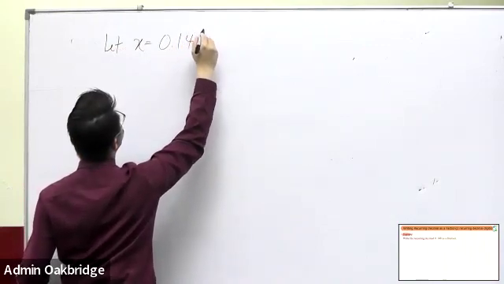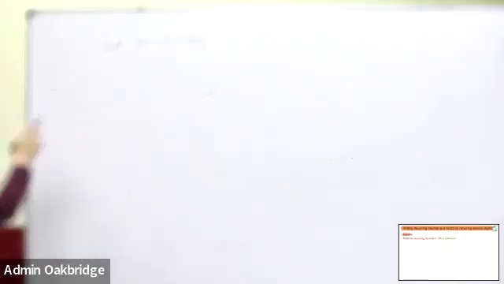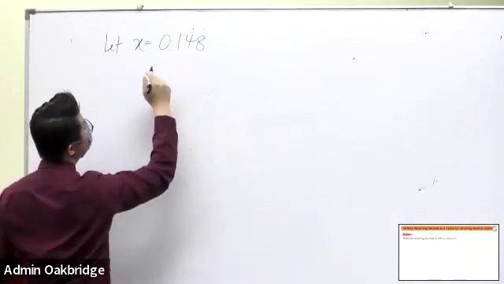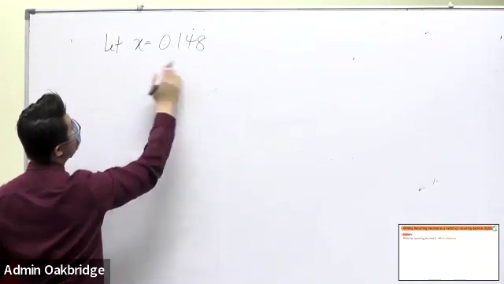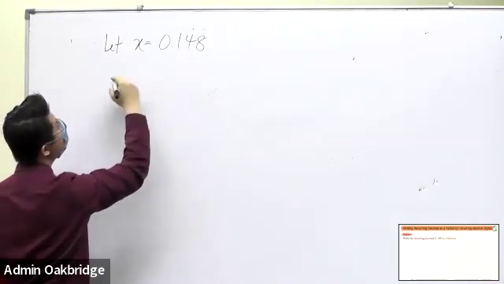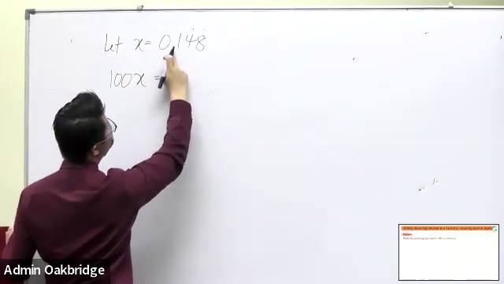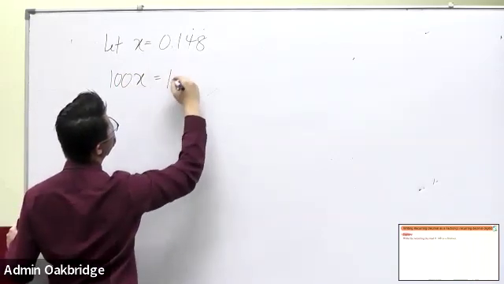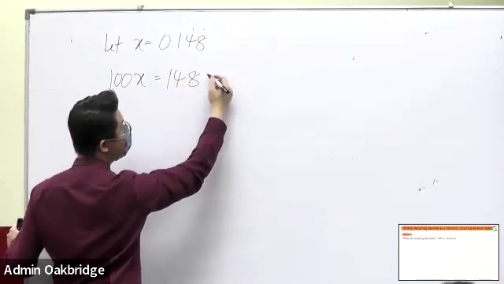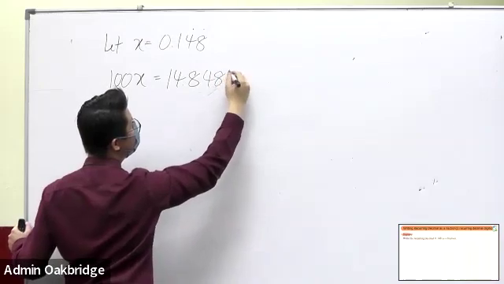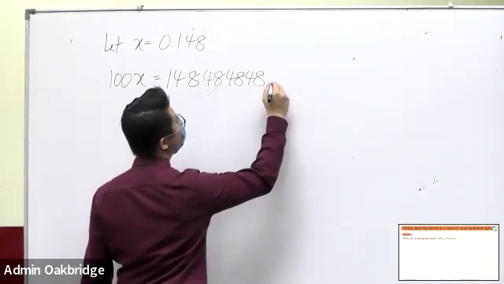We have 2 dots here, so only 48 are repeated, but 1 appears only once. Again, these are 2 recurring decimal digits, so you have to times this equation by 100. So what you get is 14.8, 48, 48, 48, and so on.